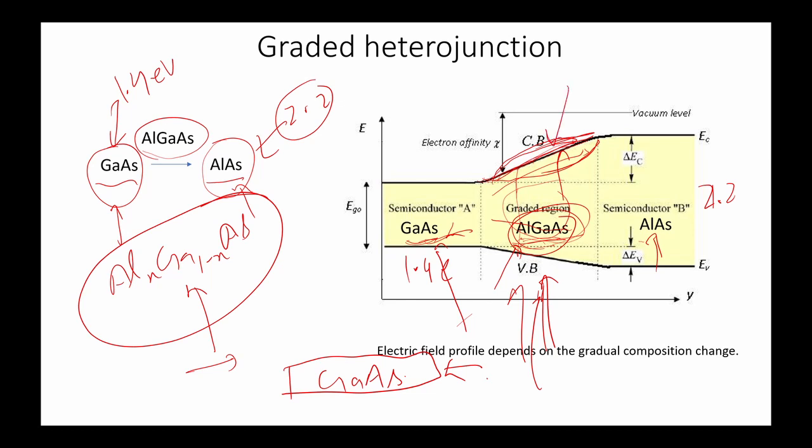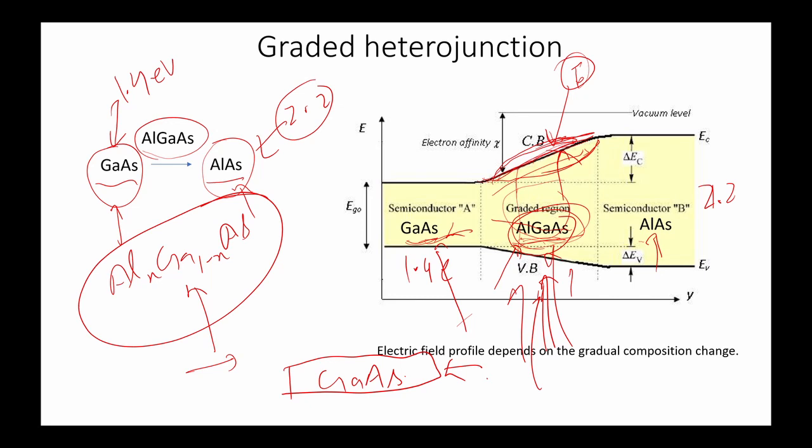There are different slopes of this. This slope will define the electric field in this region. This electric field will be defined by the gradual change in the composition of the material.